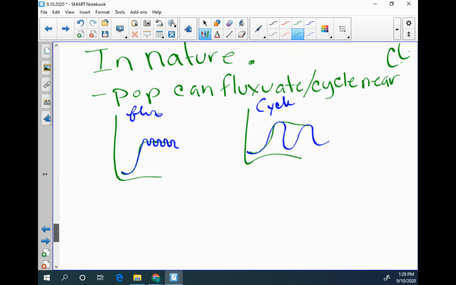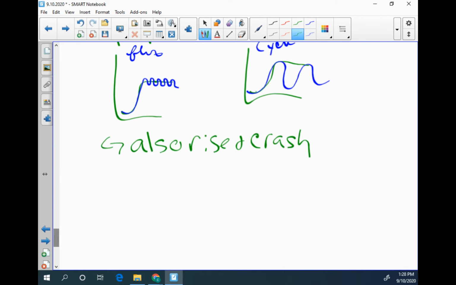They can also rise and crash, meaning they can have exponential growth, exponential growth, exponential growth, boom.